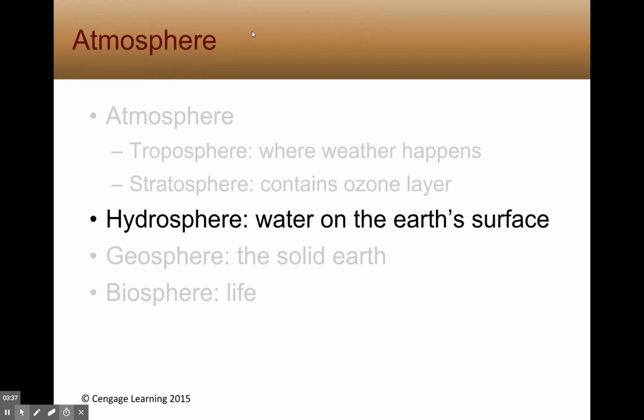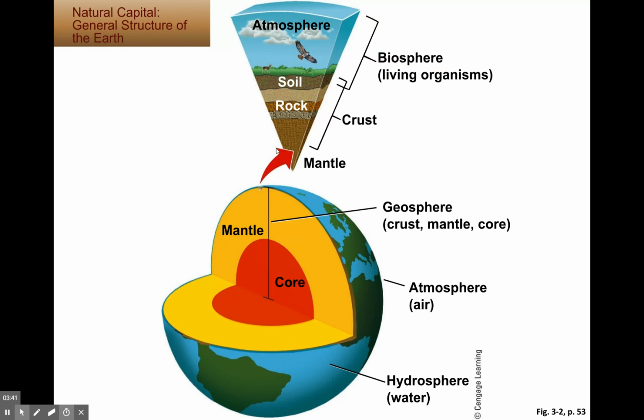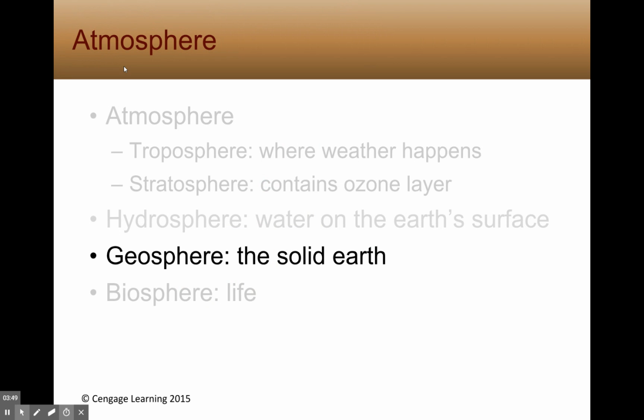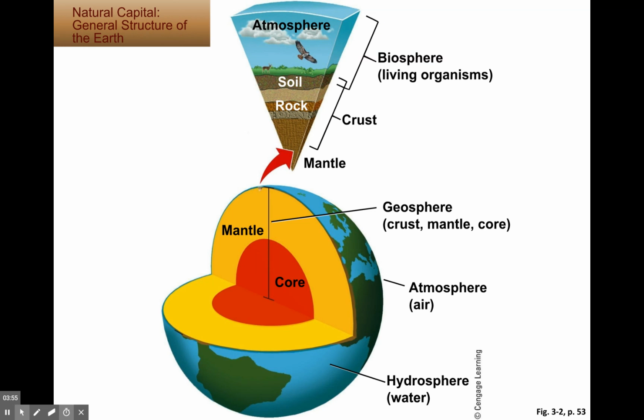The second one is the hydrosphere, which includes all the water on the Earth. So it includes water in the oceans, water in the atmosphere, and water even in the organisms. Geosphere, this includes the solid part of the Earth, which includes the crust, the mantle, and the core.